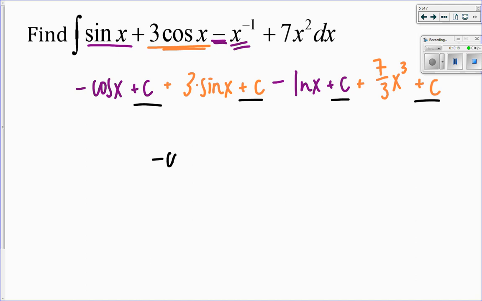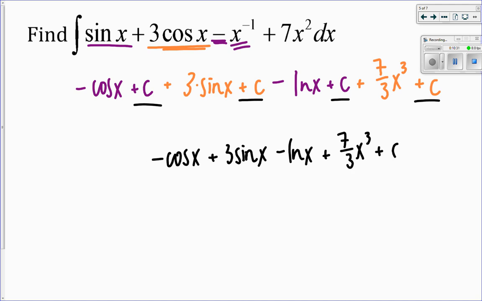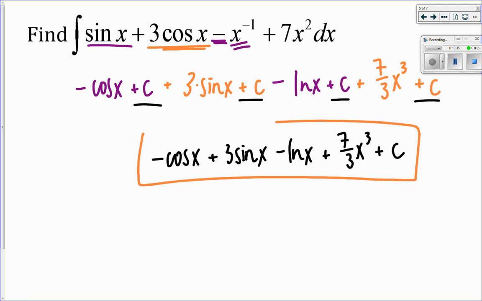So my final answer would be negative cosine of x plus 3 sine of x minus the natural log of x plus 7/3 x cubed plus c. We're basically combining all of these constants into one constant at the end.